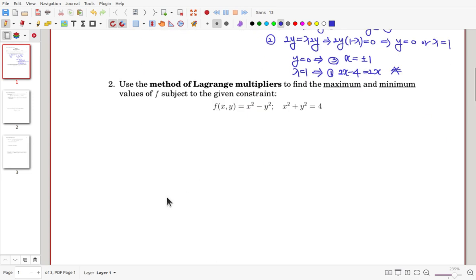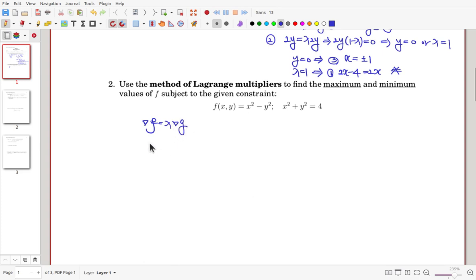Now, the second problem is asking you to use the method of Lagrange multipliers to find the maximum and minimum values of f subject to that constraint. Let's try to solve it. We start with the gradient of f equals lambda times the gradient of g.